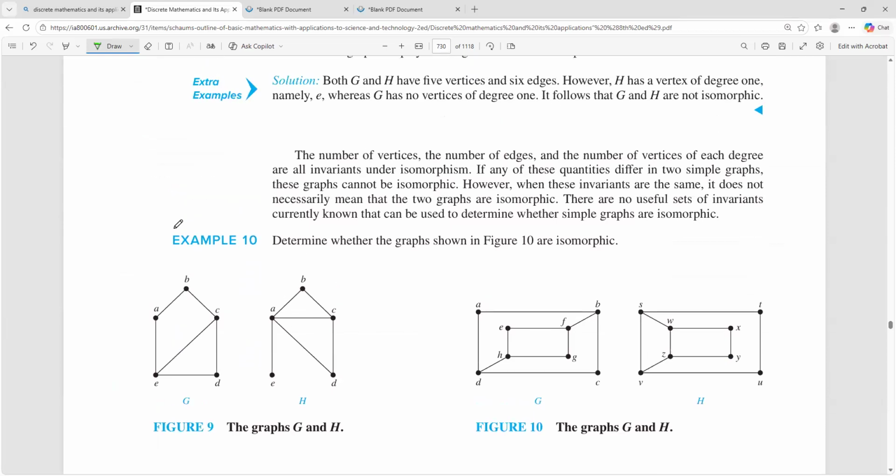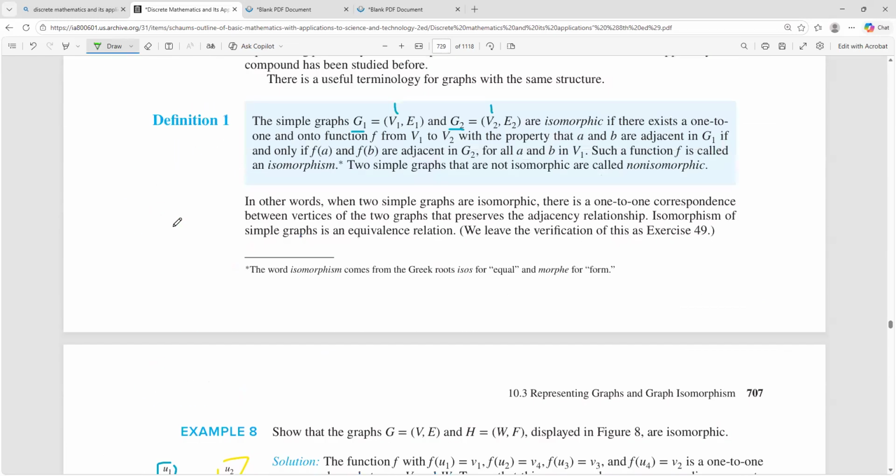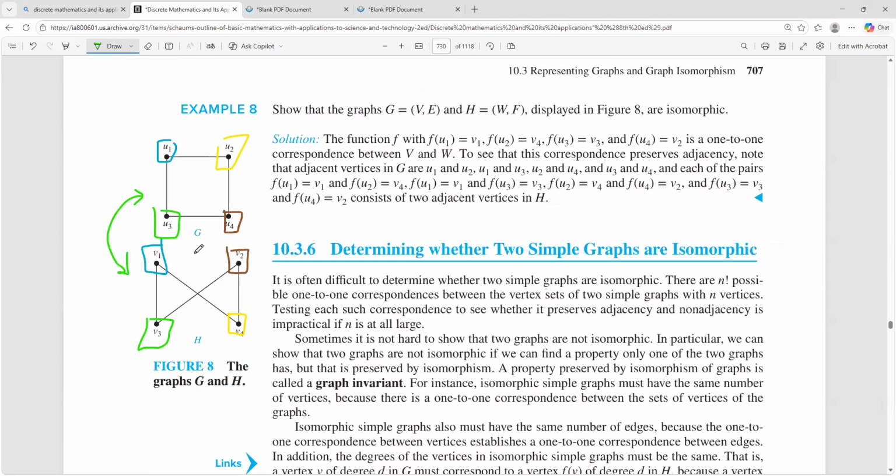There are some algorithms. An adjacency matrix is also possible, but when you do an adjacency matrix, they could look different. The main idea behind isomorphism is the correlation of vertices.